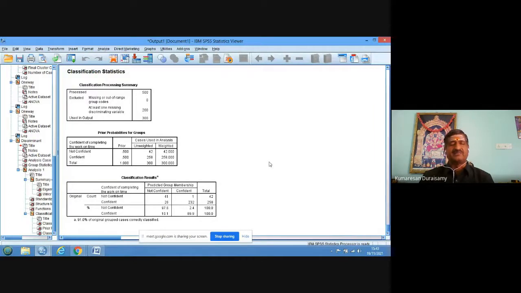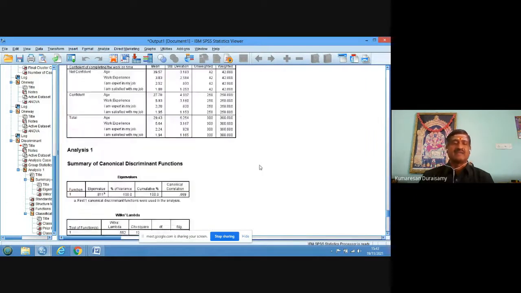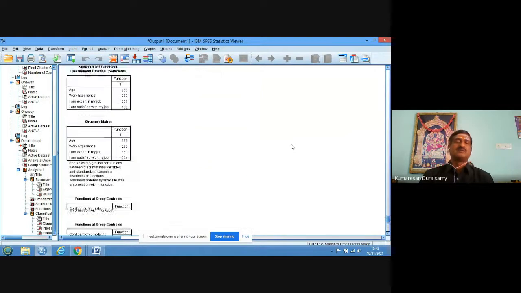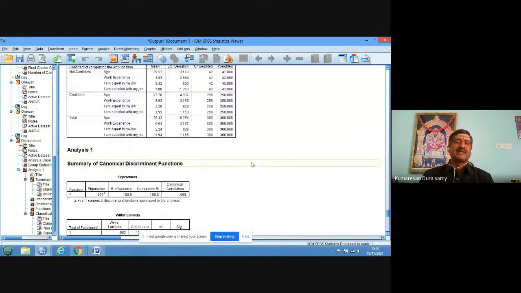The result will be different. So this is about the discriminant analysis. Here we can say which category of employees have more confidence and which category of employees are not confident. For that, the discrimination is made based on the age, work experience, expertise, and satisfaction. That is what the discriminant function is.